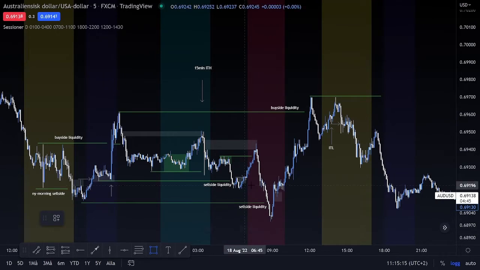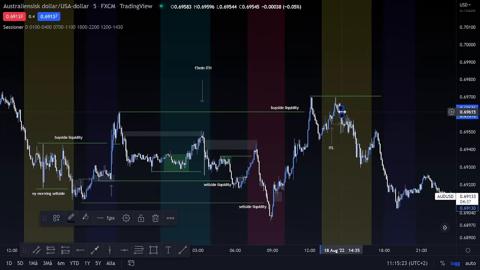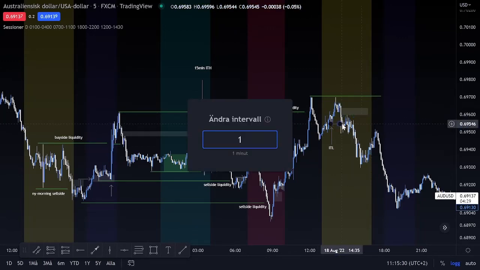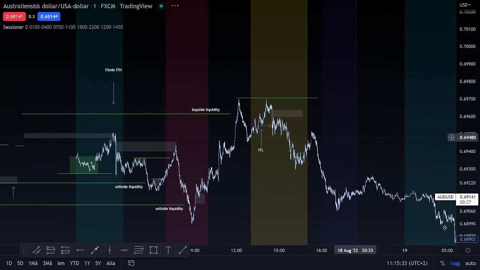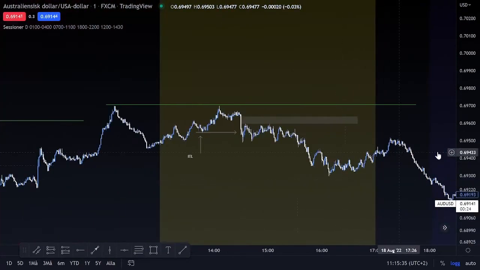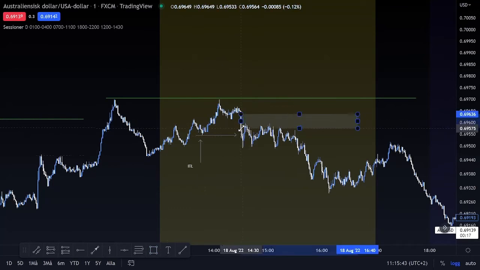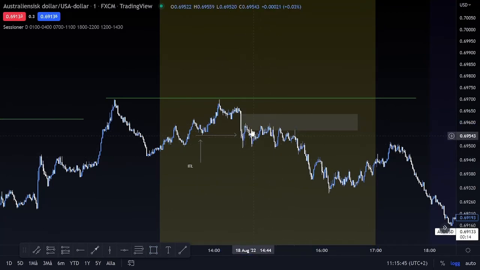and here is also an example where maybe you were thinking price is going to reach up into this fair value gap here. It barely doesn't. Why? Because on the 1-minute time frame you see this imbalance here. And why doesn't price need to go up above this high here?